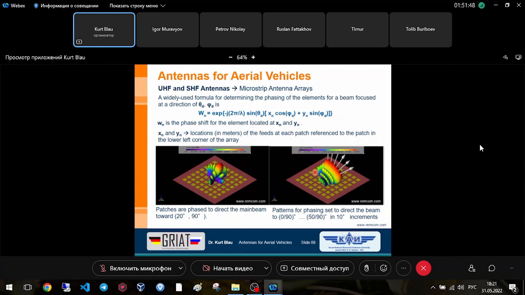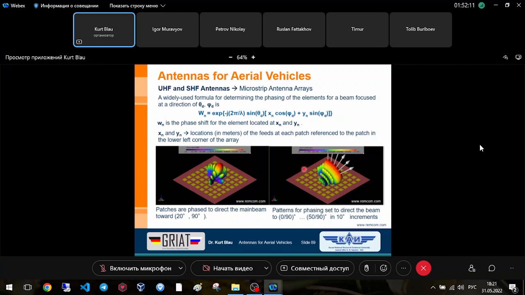Then you can steer this antenna only in an angle range of, let's say, 10 degrees or maybe 15 degrees. It's very, very small because of the high number of elements. The smaller the number of elements, the more you can steer this array.